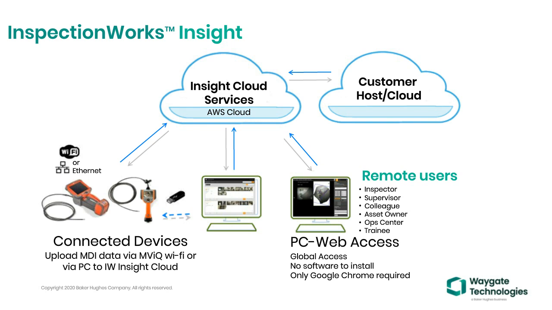It's a secure environment using a single sign-on authentication process. Note that the InspectionWorks Insight Cloud is not an RVI data-specific environment. InspectionWorks Insight is agnostic. It doesn't care the format of the data which it is hosting. It is a common archive storage and analytics host for the full family of Waygate Technologies portable NDT devices.